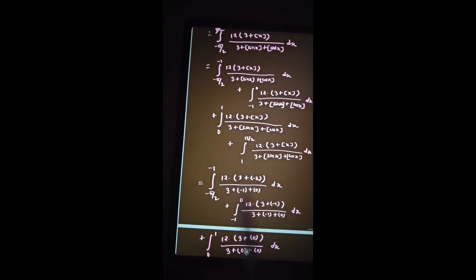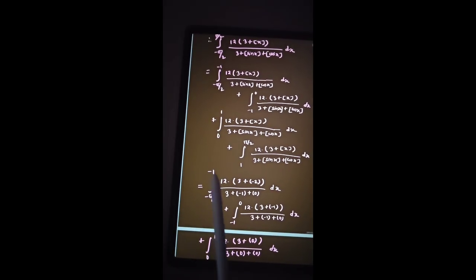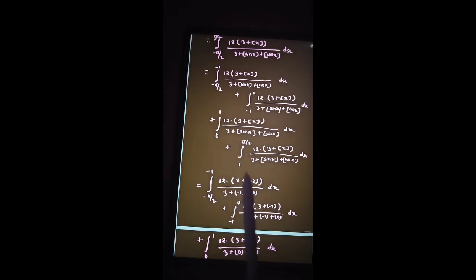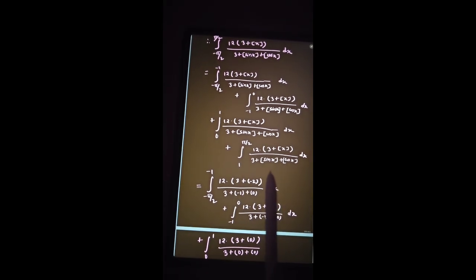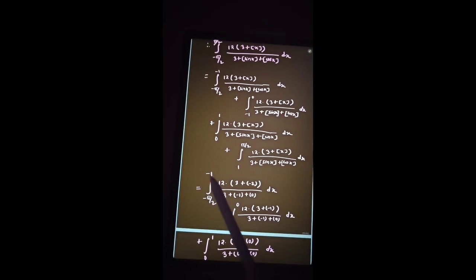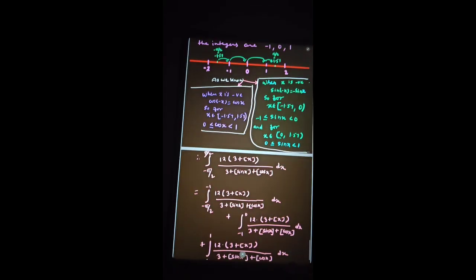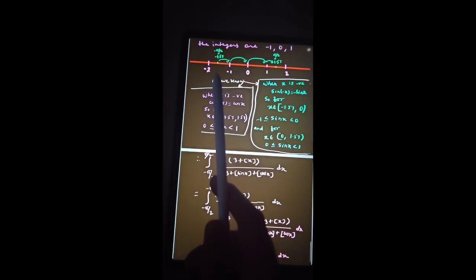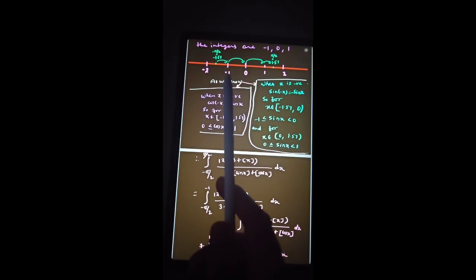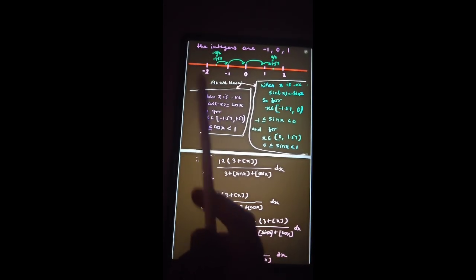Now see, within the range minus pi by 2 to minus 1, the value of the greatest integer function of x will be minus 2. You can see in this diagram that from minus 1.57 up to minus 1, whatever the value of x, its greatest integer function will be minus 2.